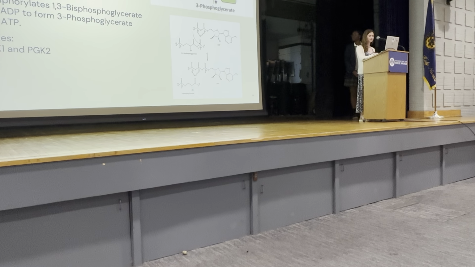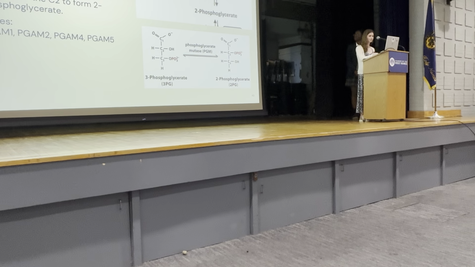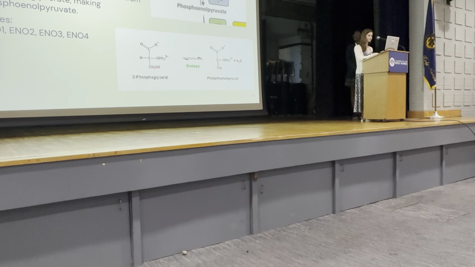The genes that encode this enzyme are PGK1 and PGK2. Phosphoglycerate mutase transfers a phosphate group from the C3 position to the C2 position to form 2-phosphoglycerate. The encoding genes are PGAM1, 2, 4, and 5.